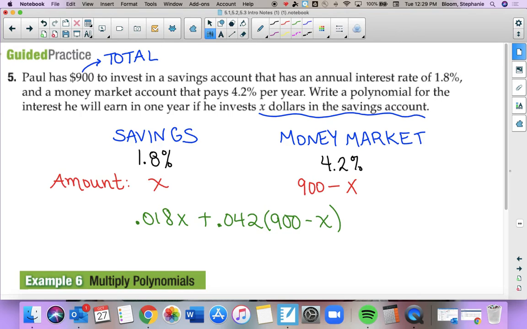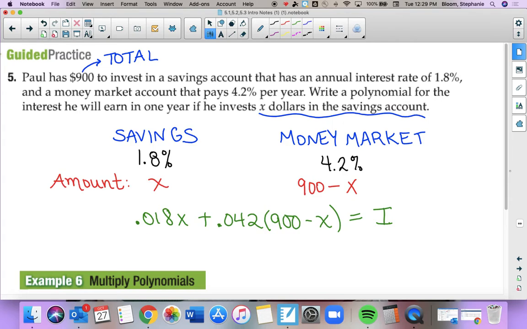Is this equal to anything? What would this equal? Something we don't know. What are we trying to find? What did it say in the problem? How much he'll earn? Interest, right? So let's just say it's equal to I, right? That's going to be how much interest he would earn. And then we can simplify that.